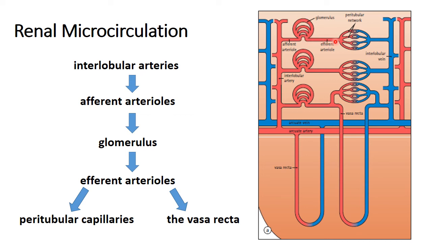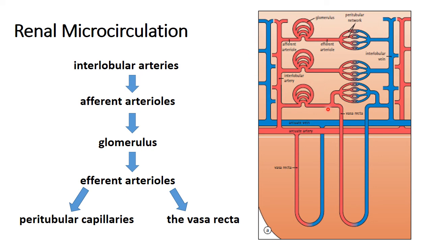Then the efferent arteriole will form the peritubular capillary system, which is the second capillary system within the kidney. And then blood will flow into the venous side. This all happens in the cortex.